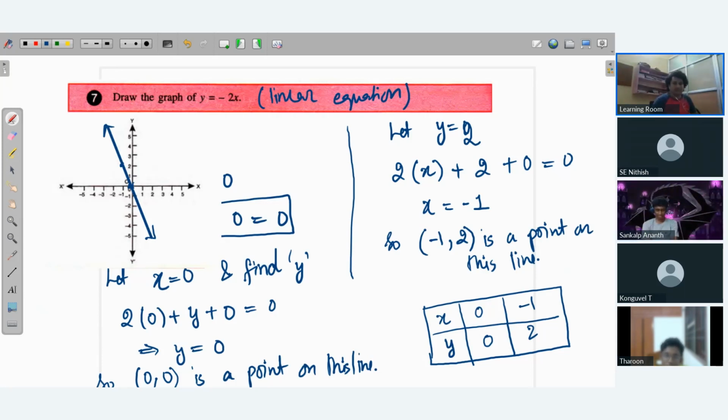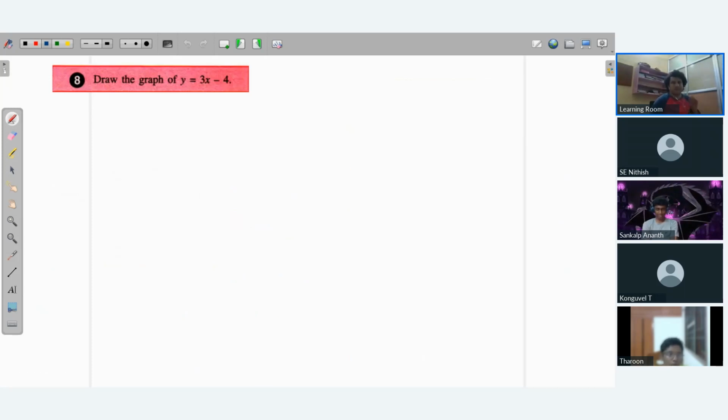Okay. Let's try the next question. Could you do it? Try it. The standard form will be 3x plus minus 1y plus minus 4 equal to 0.